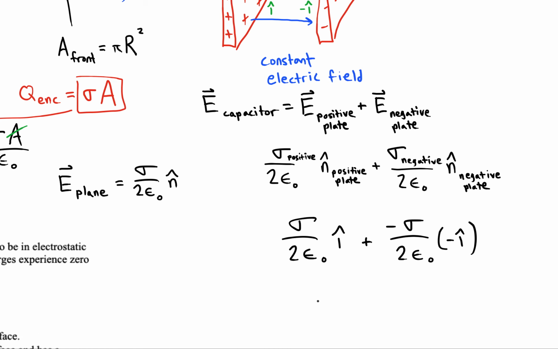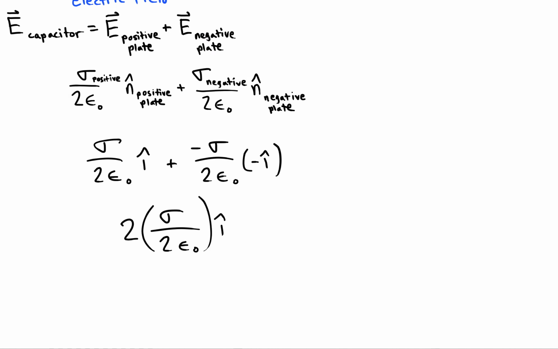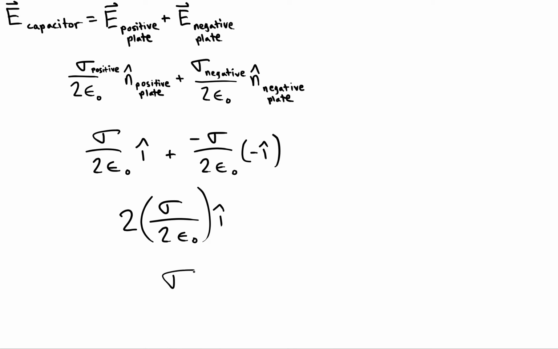Combining these together, we get that the electric field will be 2 times sigma over 2 epsilon naught i hat, which is simply sigma over epsilon naught i hat. This shows that the electric field inside a capacitor is given by the surface charge on the two plates over epsilon naught.